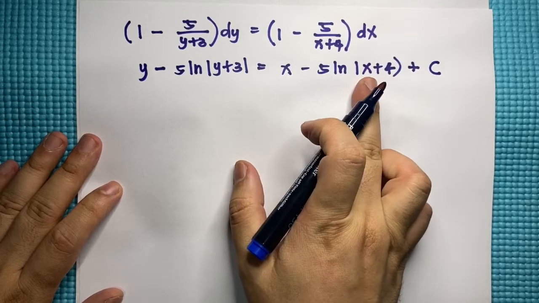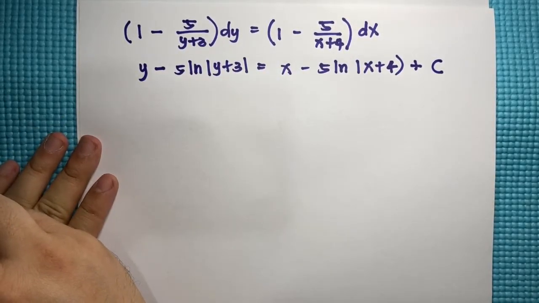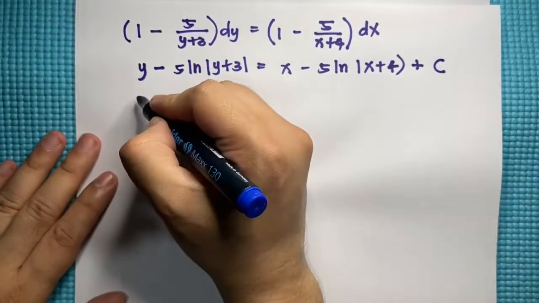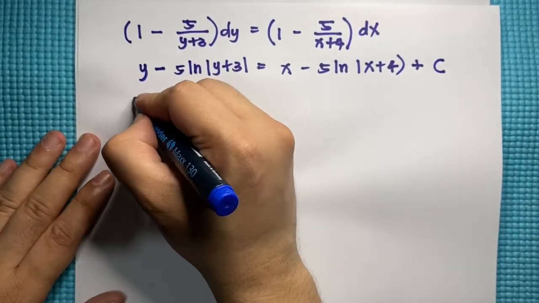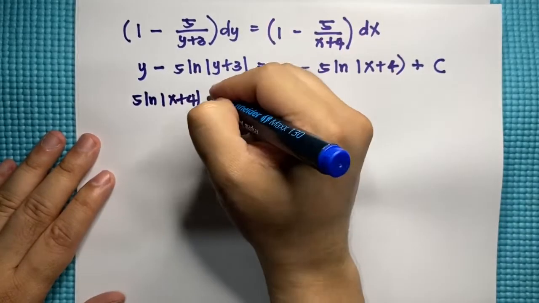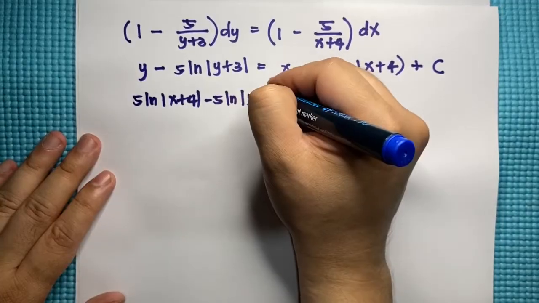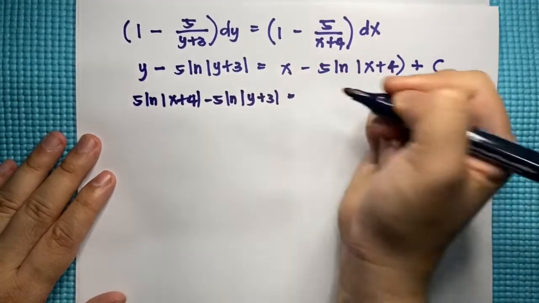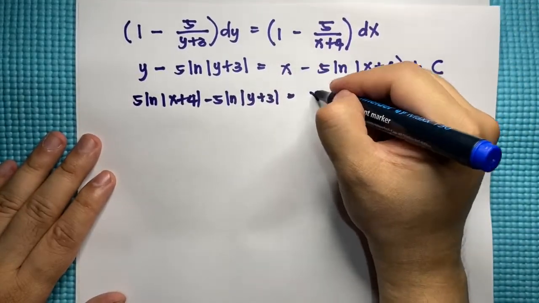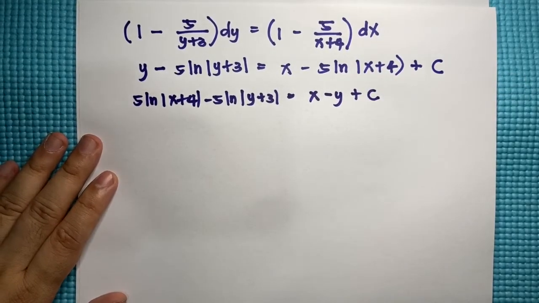Then transposing so that we could combine the two natural logarithm functions, giving us 5 ln of x plus 4, then minus 5 ln of y plus 3, equal to x minus y plus c.